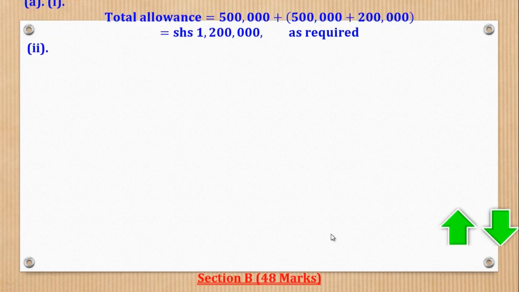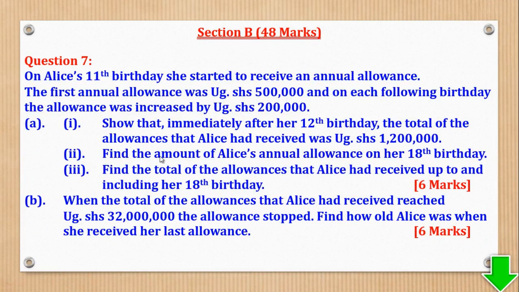Then Roman 2, they said, find the amount of Alice's annual allowance on her 18th birthday. So that means that n is equal to 8, because at 11, n was 1. 12th, n was 2. Now 18th means n is 8.